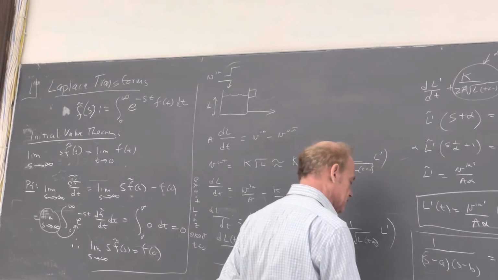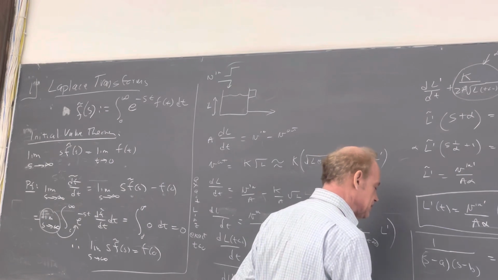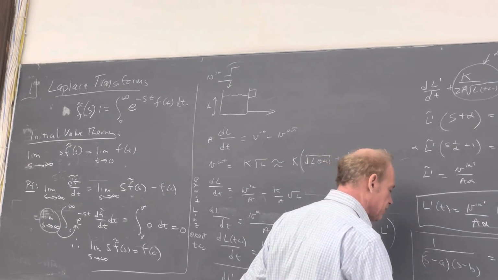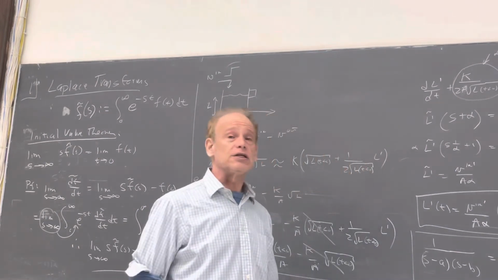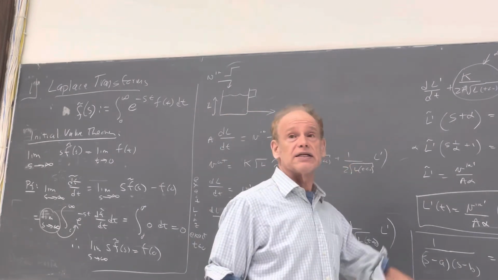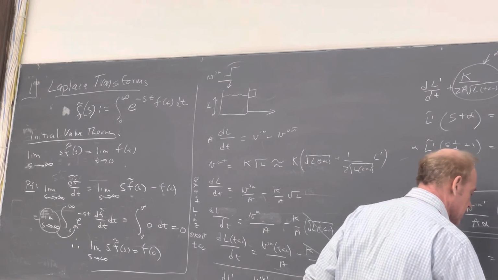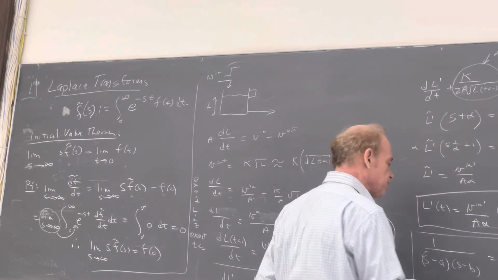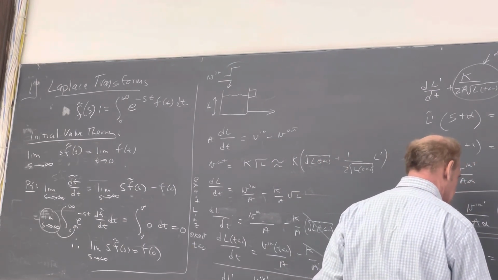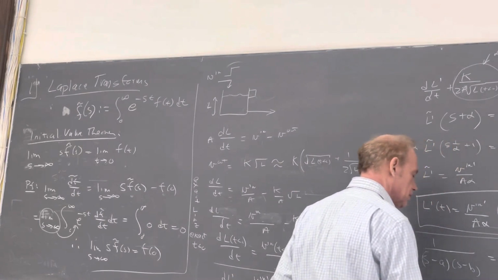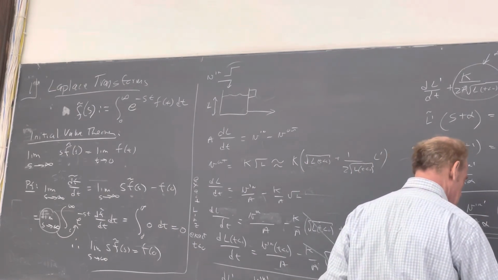And the power of s to the 1 tells me 0 is equal to A plus B. So that tells me, plus As and Bs. So it tells me B is equal to minus A. And if B is minus A, this is equal to minus Ab plus Aa.